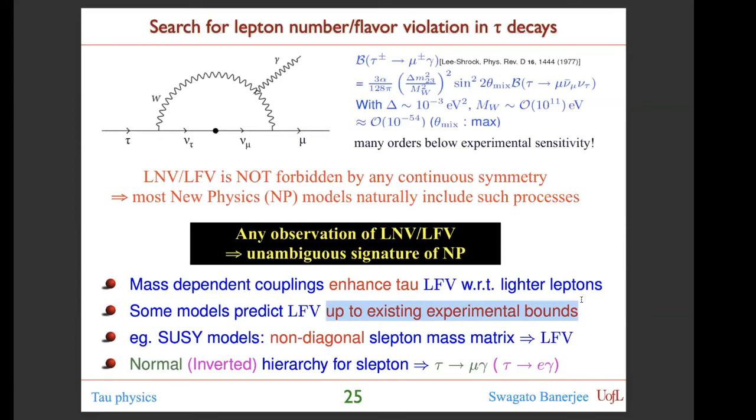And in different models, we can have the predictions of tau to electron transition or tau to muon transition as the dominant decay. So because of this model dependence, it is critical to look into as many different final states as possible, with both leptons.